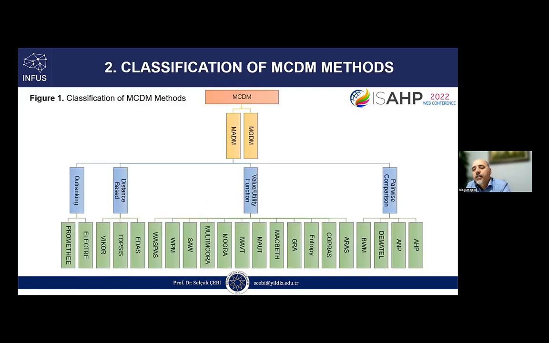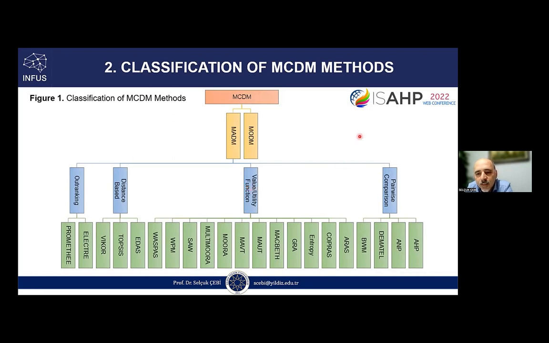In the literature, there are many MCDM methods, as you know, and this figure presents the classification of these methods. It's also possible to see different classifications in the literature; this is one of them.